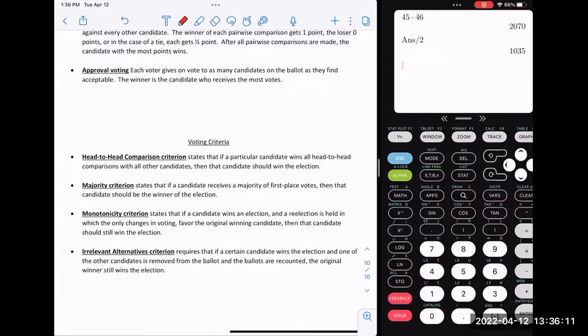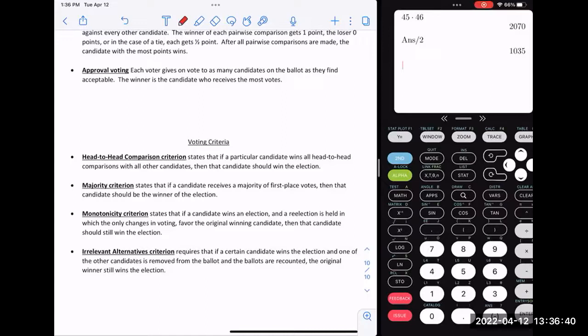Basically, these are things that should happen in order for a voting method to be fair, although what we see with Kenneth Arrow's theorem is that no voting method is perfect. It's been mathematically proven that a perfect voting method does not exist, and no matter what, there is always a possibility that your voting method could violate at least one of these fairness criteria. But if a method were perfectly fair, it would satisfy all of these.